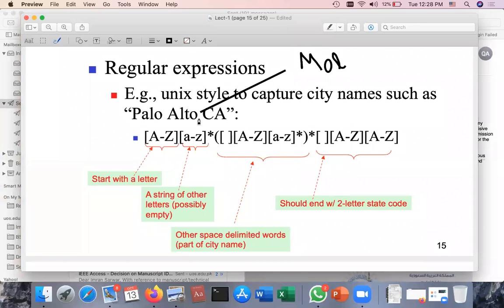So this space from this part, this C from this part, this A from this part should end in a two-letter state code. So this last part of the regular expression is producing this space and CA. And everything in it, this CA and Palo is from this part, CA is from this part.